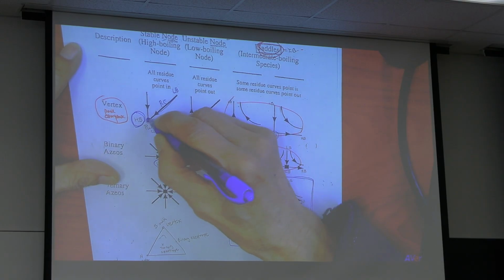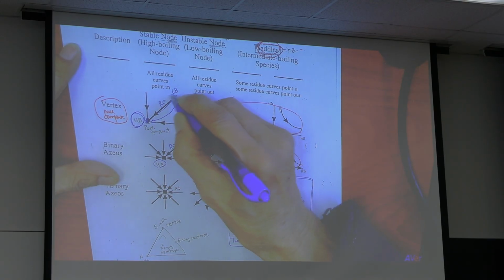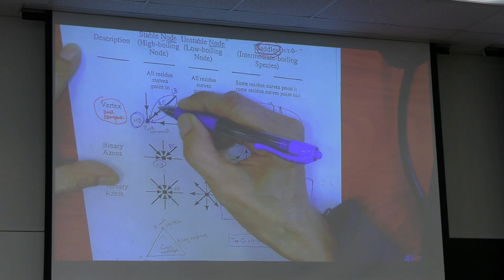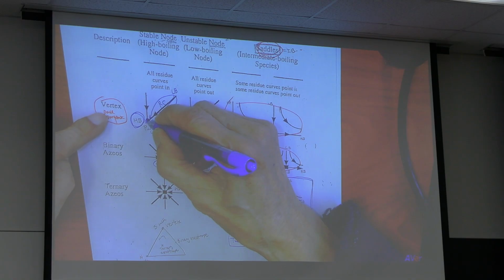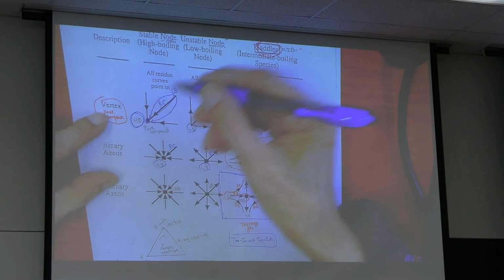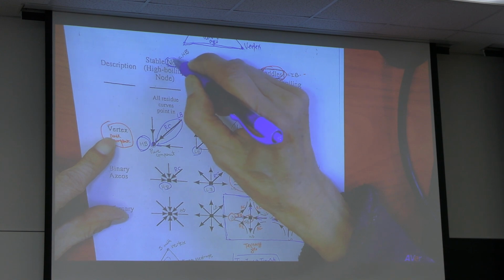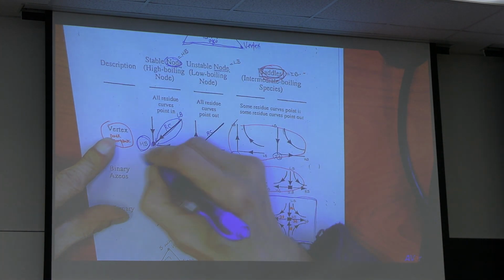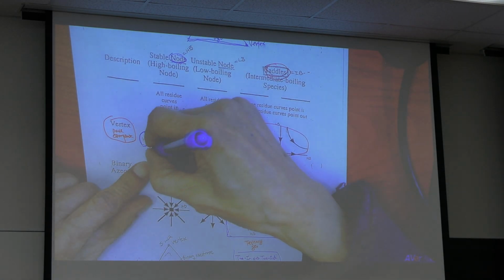This is the curve. This is a pure component. We call this a node. So, N1, node with 1 component.